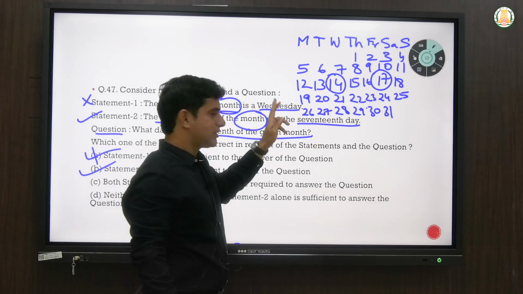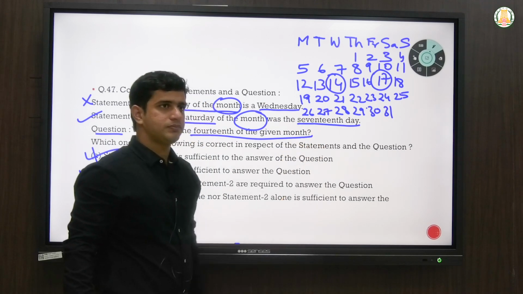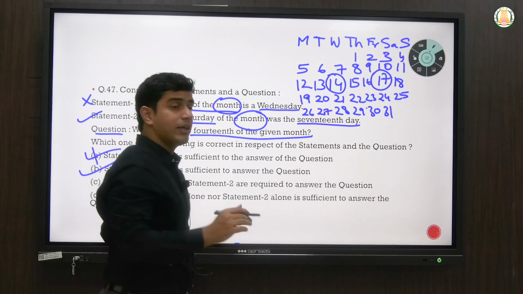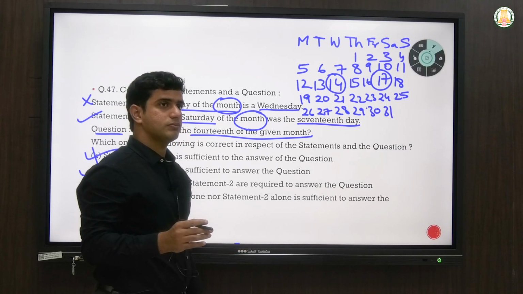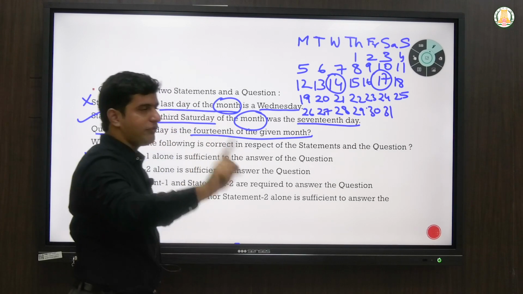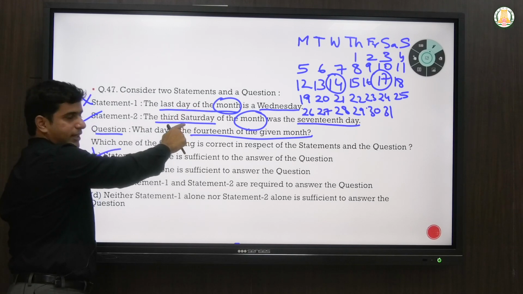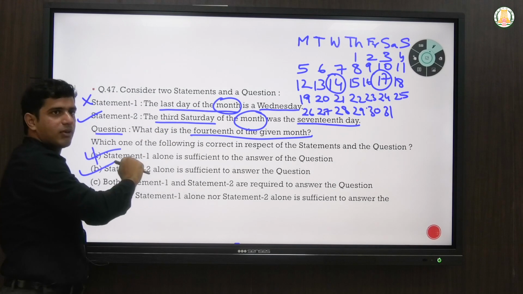So you can't answer this question exactly with only this one statement. First of all, you can't start answering only with this statement. So for that, we have to answer both the statements, right? Sir, when thought of going only with the first statement. If only first statement is given, then this is not enough, so you have to go with the second statement. But he's saying only for this question, what statement is required?